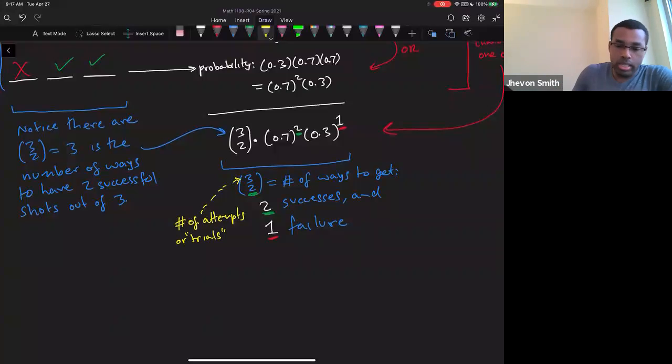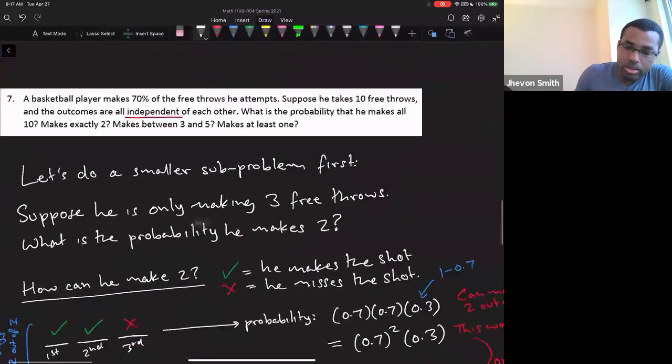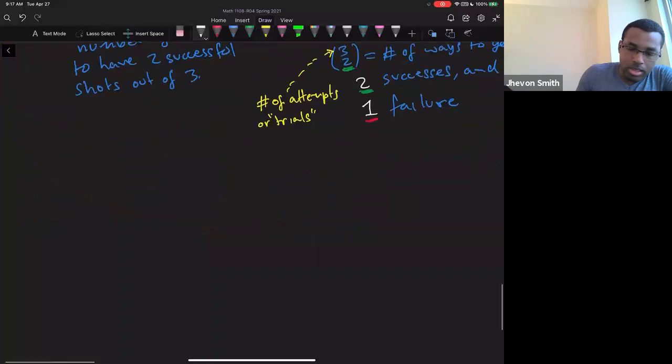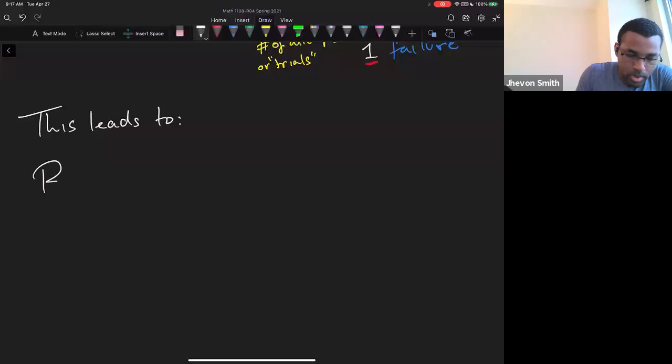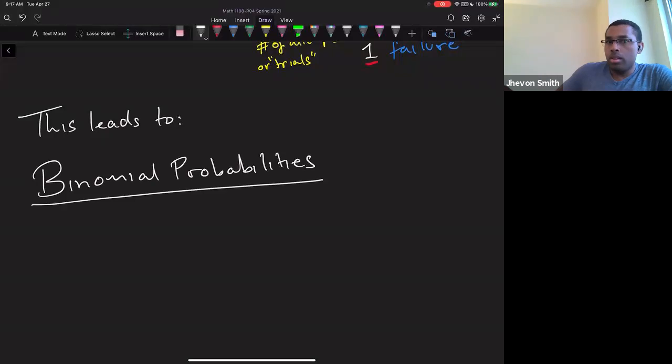Okay, so what this gives us is it turns out that this kind of scenario can happen quite often. It's called binomial probability. So binomial, the word bi in there, of course, means that it can go 2 ways.